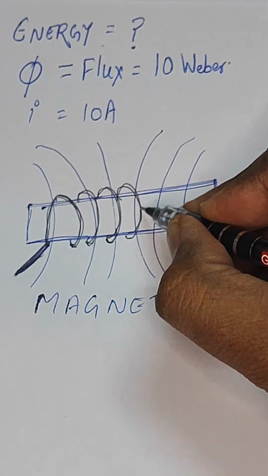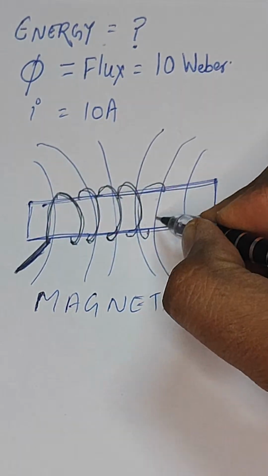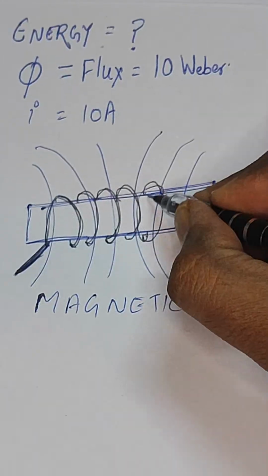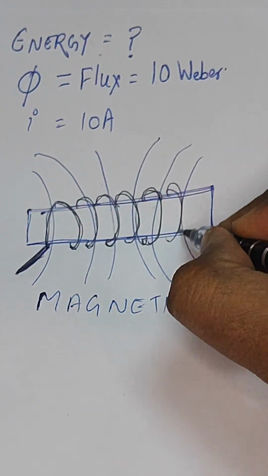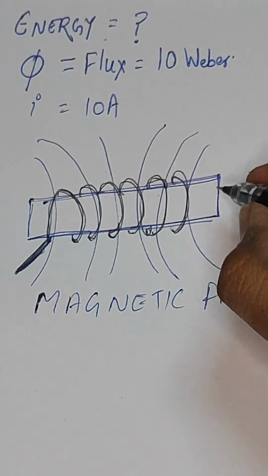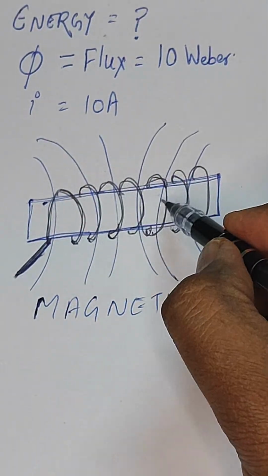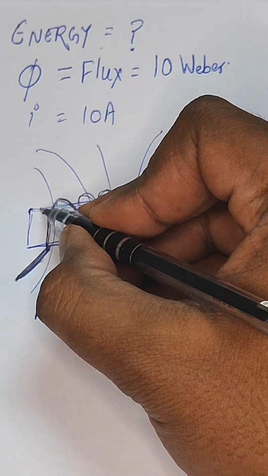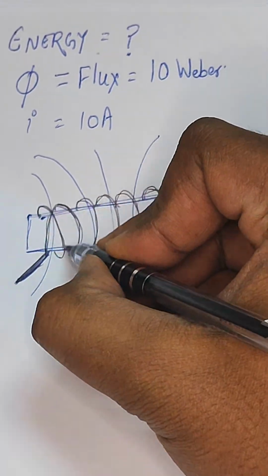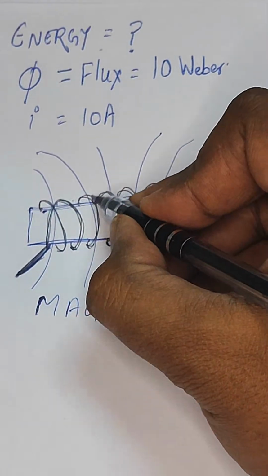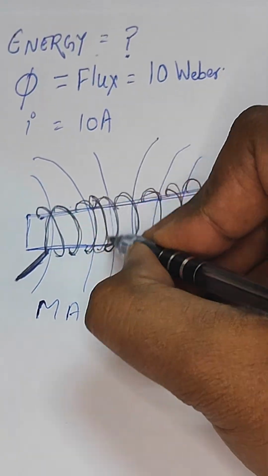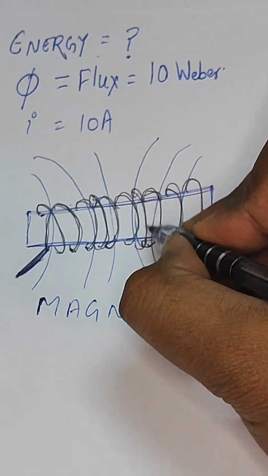So let me just put it like this. Total number of such turns are 10: 1, 2, 3, 4, 5, 6, 7, let me make a few more here, 8, 9 and maybe here 10.